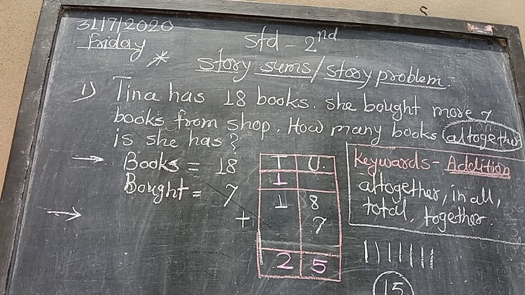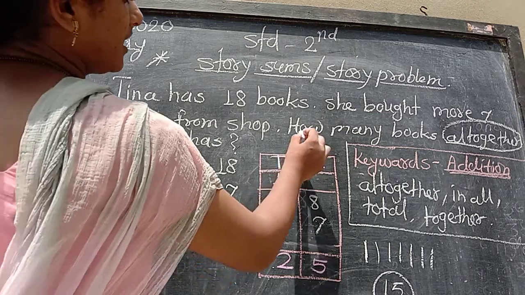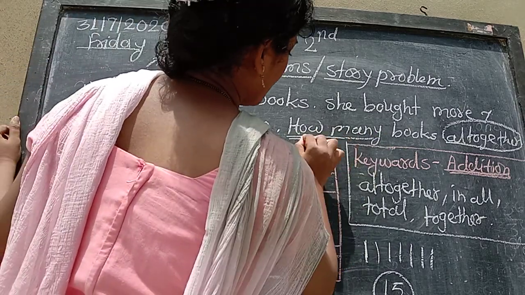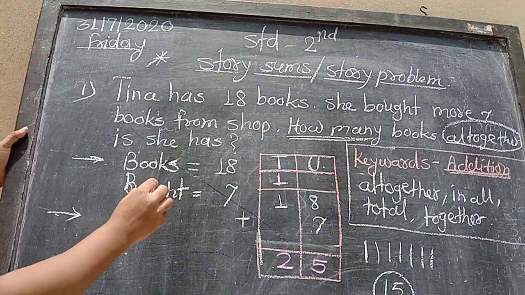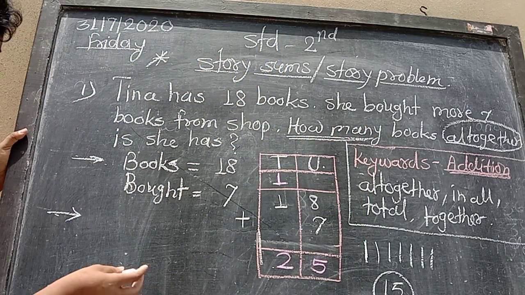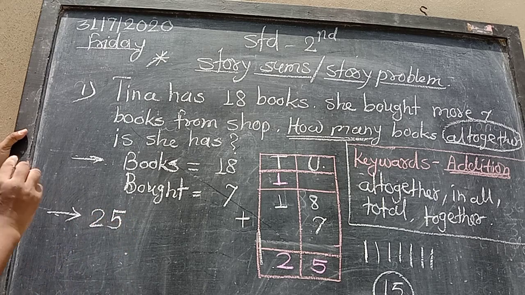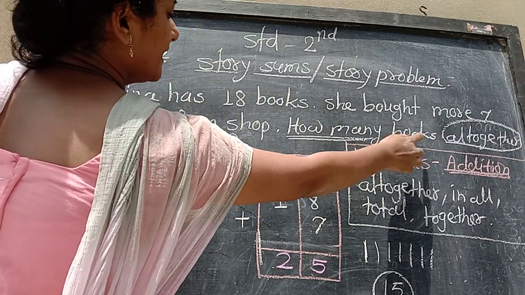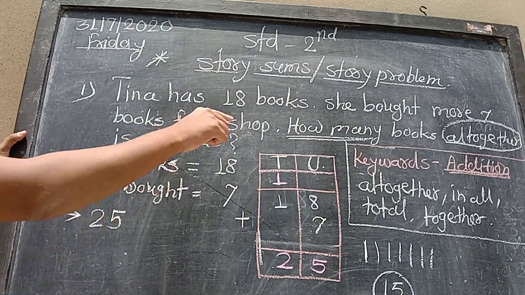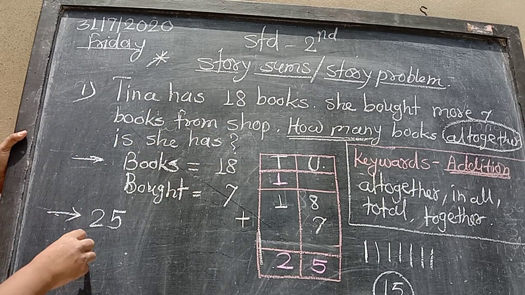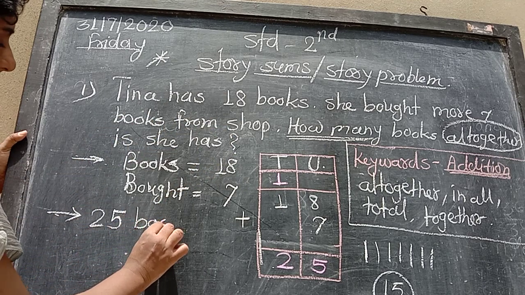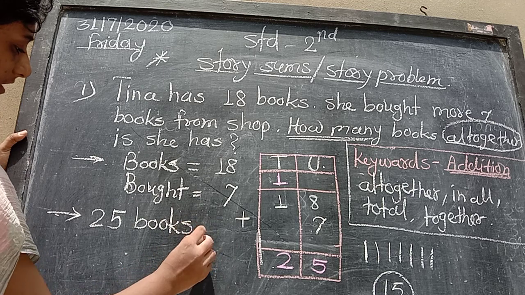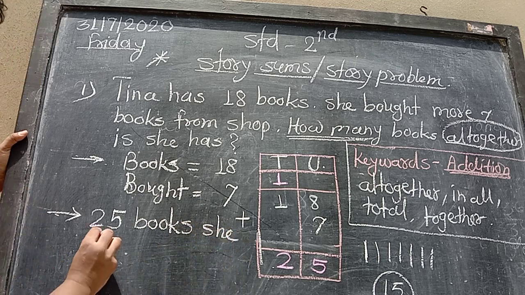You can write like the question itself: 25 books she has.